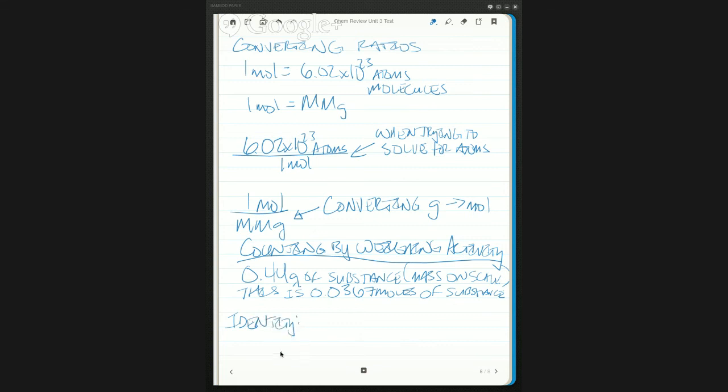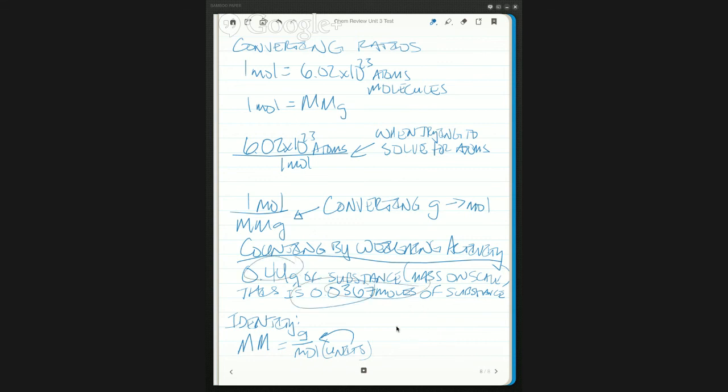The key here is that you have to know the units for molar mass. Molar mass is grams over mole. Those are the units, which means that all you have to do is take the grams and divide it by the moles.